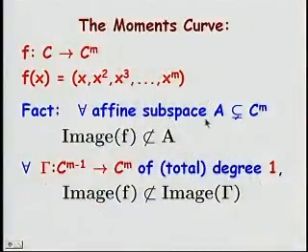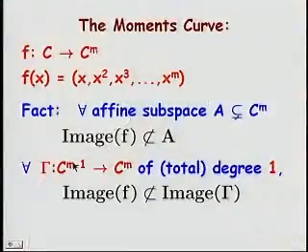And there is one basic fact that probably you have all seen, a basic fact in linear algebra, that for any affine subspace A of dimension m minus 1, any subspace of C^m of dimension m minus 1, the image of f is not contained in the affine subspace A. This is very easy to prove and very basic.